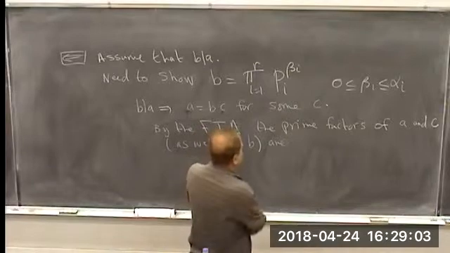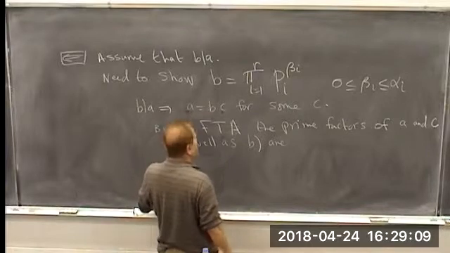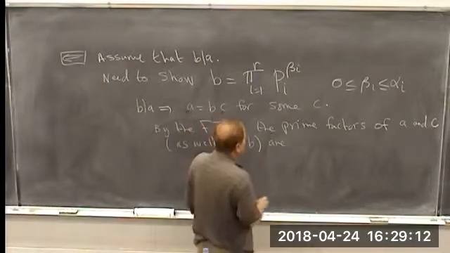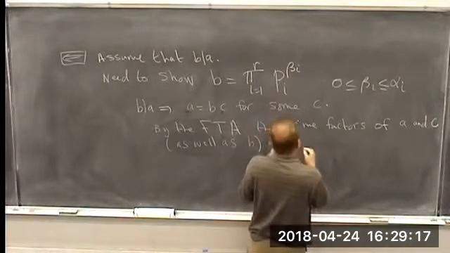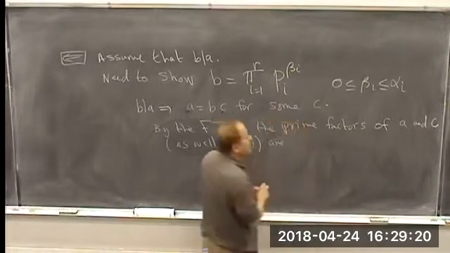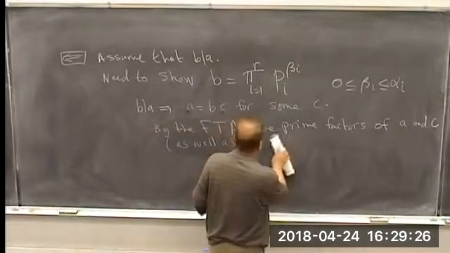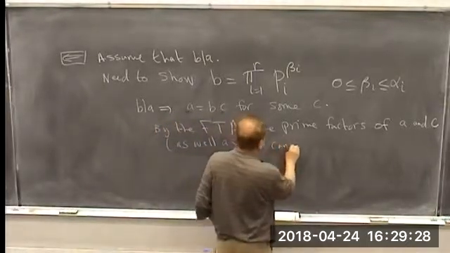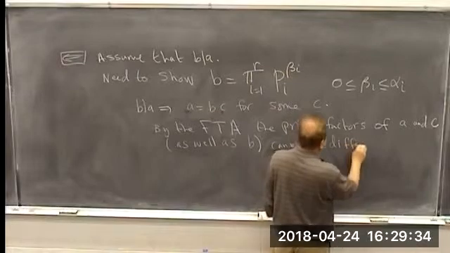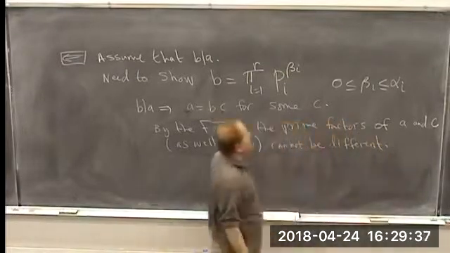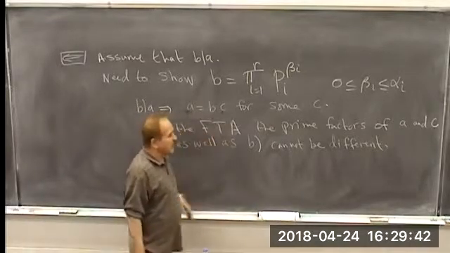The prime factors on the two sides of this, which is A and C, are... By the fundamental theorem, A and C cannot be different. So I cannot have A having a prime and C not having that one. But they might, some of them, as I said, be missing.